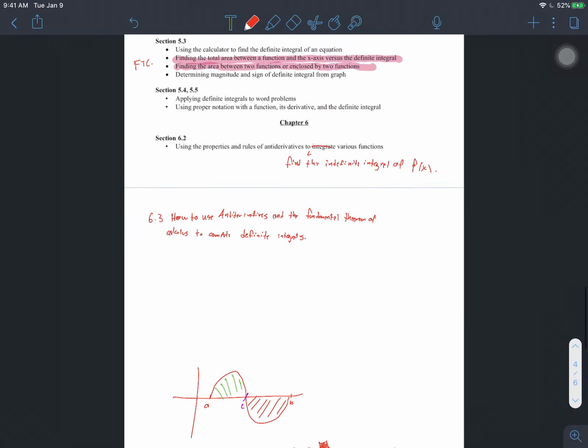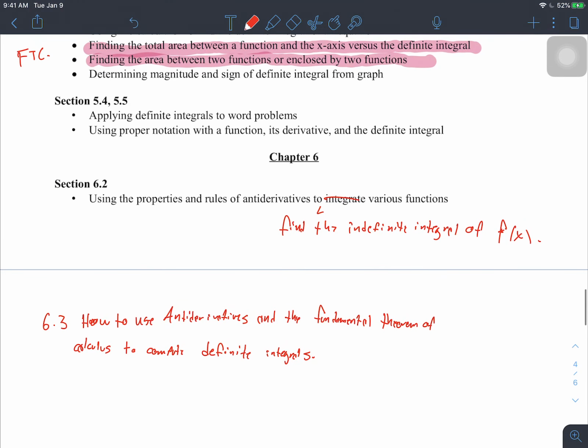Okay, so let's see, where was I? 5.4 and 5.5, we should know how to compute more definite integrals and apply definite integrals to word problems.